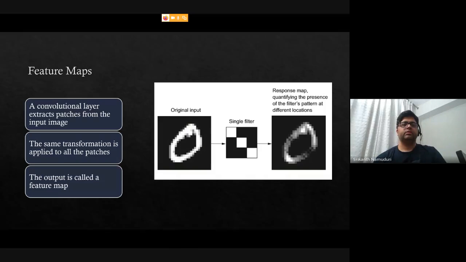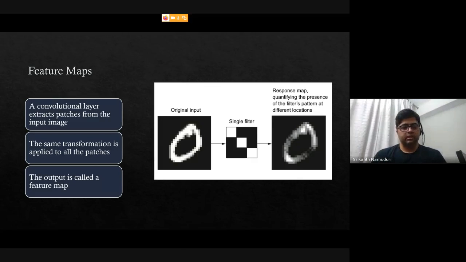Whenever you read about convolutional neural networks, you will run into a term called feature maps. I have mentioned that we extract features in layers, and we have several layers. The output of each layer is called a feature map. That is because we are extracting features and putting them in a certain structure, like a map of all the features.